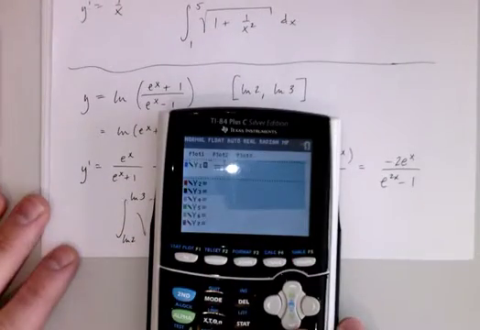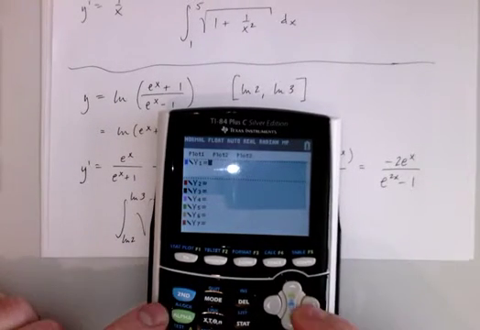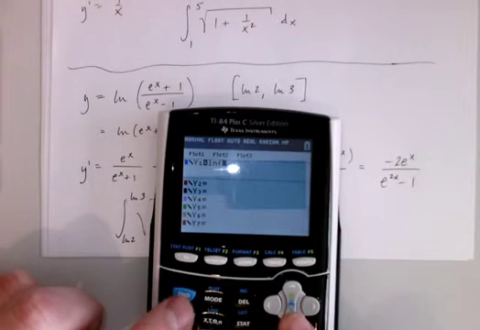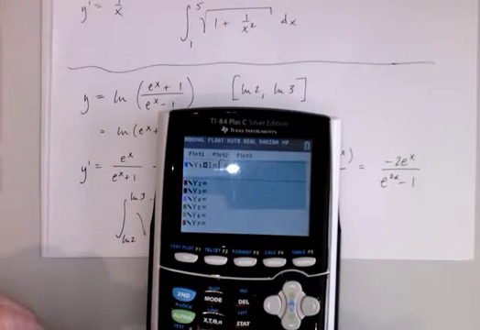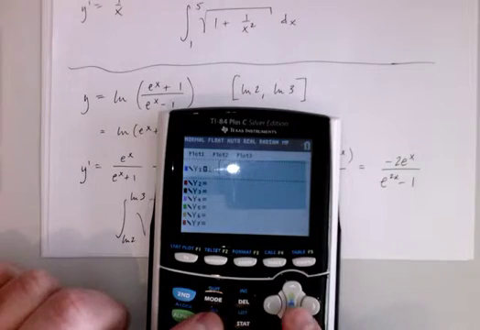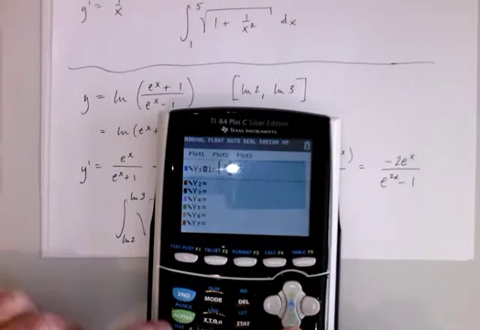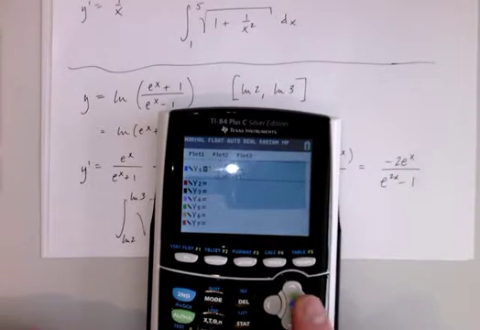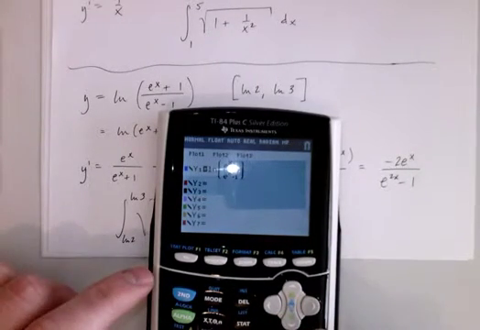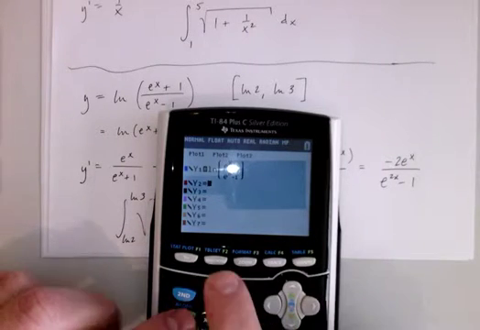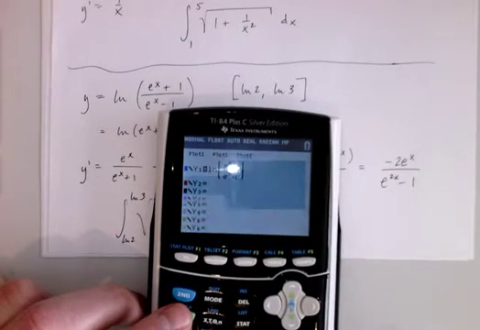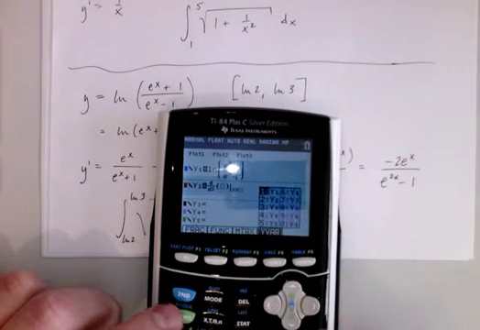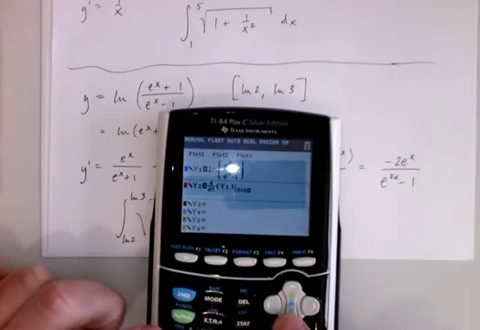Because if you were given the natural log of e to the x plus 1 over e to the x minus 1, you can designate y2 as the derivative with respect to x of y1 where x is equal to x.